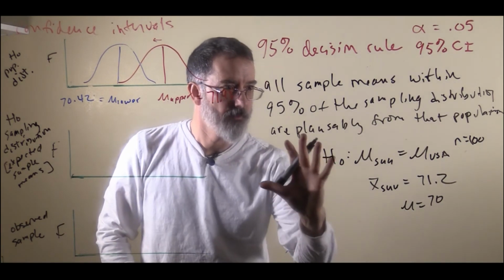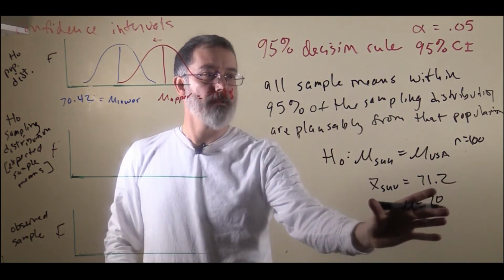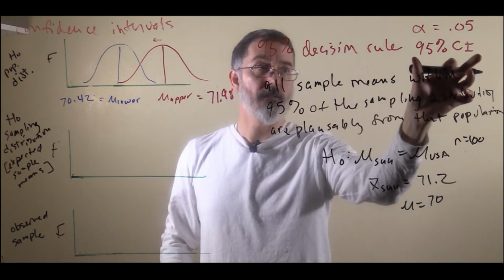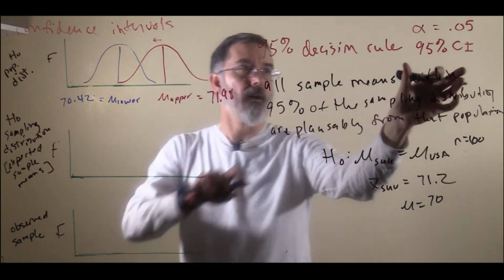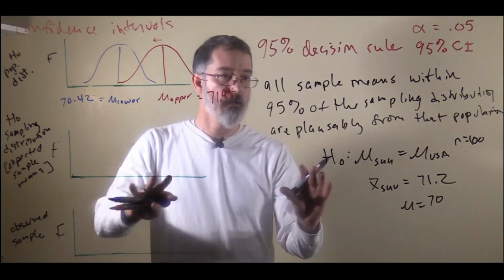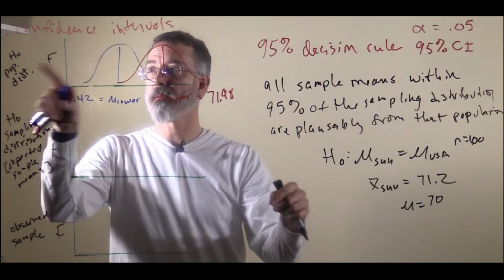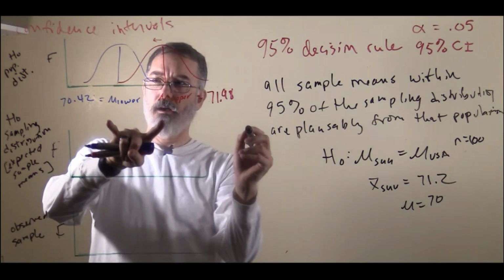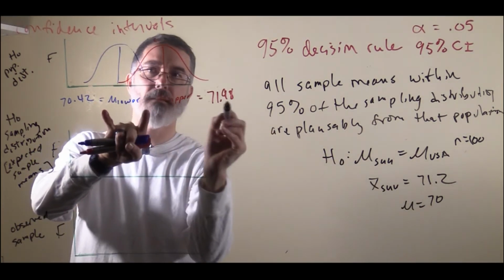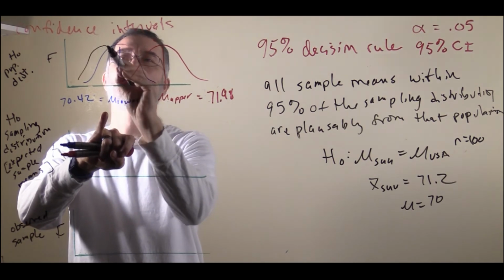So we can make that exact same decision without doing a z-test by using 95% confidence intervals, because they're both using this 95% decision rule. If we're doing a z-test at the population distribution level, it'd be 70, something around here.